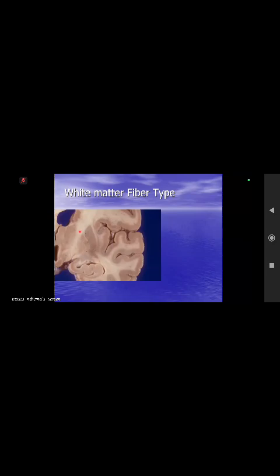The fibers within the cerebral cortex could be classified into three. We have the commissural fibers. Remember, commissural fibers, when you looked at the spinal cord, are those which cross from the right to the left. So commissural fibers in the cerebral cortex are those which cross from the right hemisphere to the left hemisphere and vice versa.